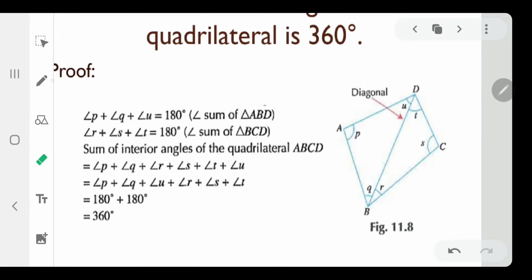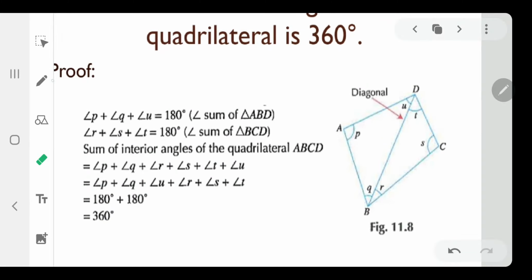Angle S, this angle is an interior angle, this is an interior angle, this is an interior angle. So we have to prove that the sum of all these interior angles is equal to 360 degrees, right? The sum of interior angles of a quadrilateral is 360 degrees.